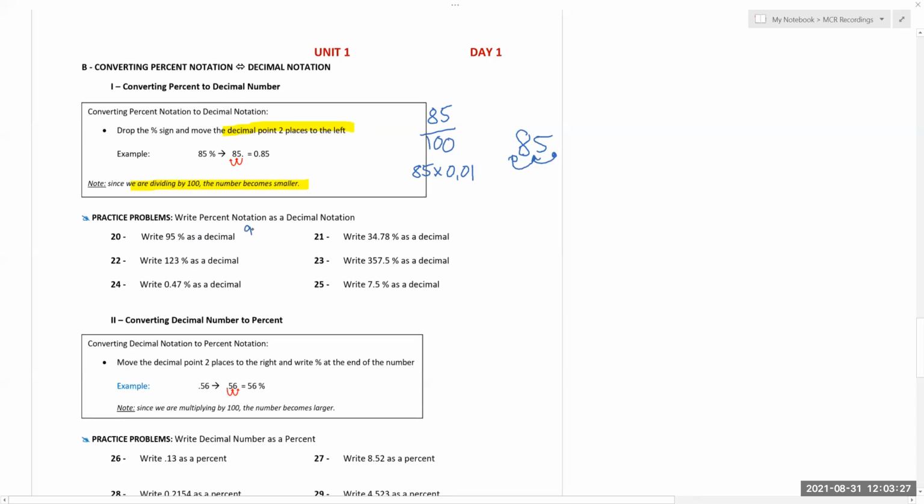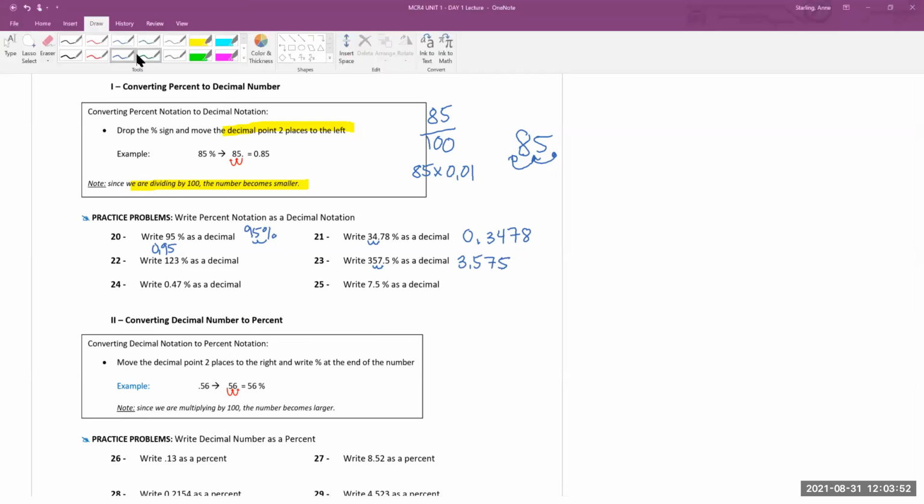95%, 1, 2 would be 0.95. This one you would move it 1, 2, 0.3478. 1, 2, 3.575. If you didn't already do them, pause them and try the other 3. See how you do.